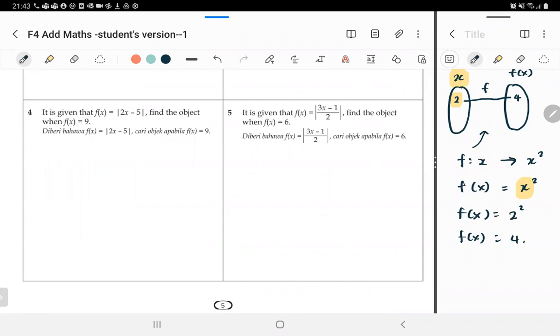Okay, good. f(x) equals modulus 2x minus 5. So 2x minus 5 equals 9, and 2x minus 5 equals negative 9. It doesn't matter whether you write the negative first or the positive first, with a comma in the middle. 2x equals 14, x equals 7. 2x equals negative 4, x equals negative 2.